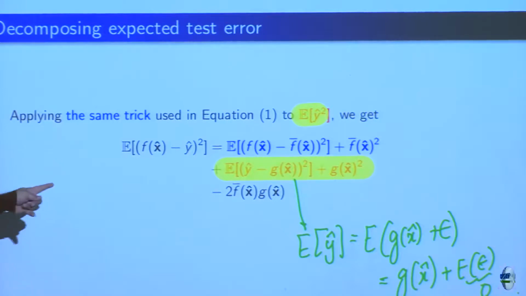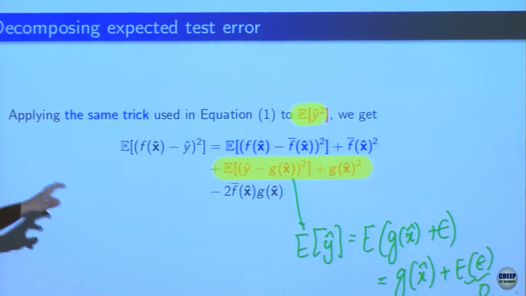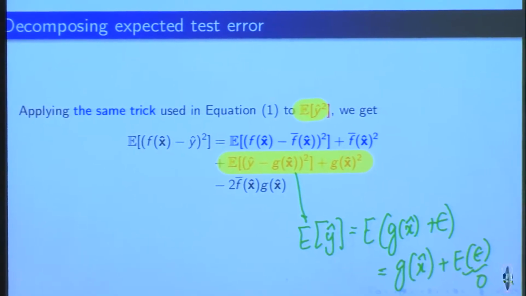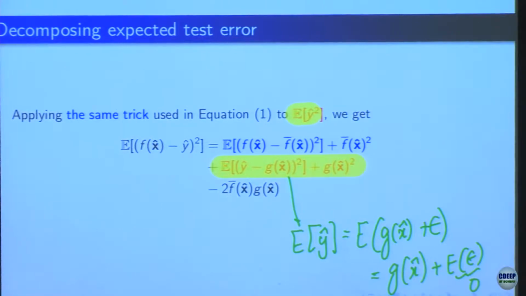Now the part in blue is exactly the variance. It has this f bar x hat component, but if you compact it, it is how much the estimated curves are changing with respect to the average curve.